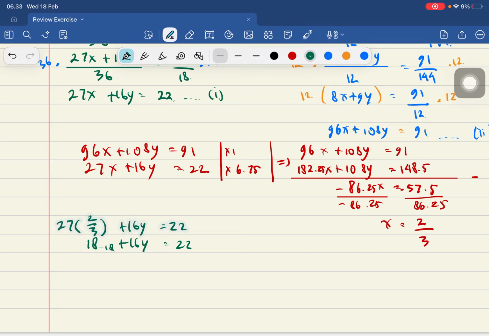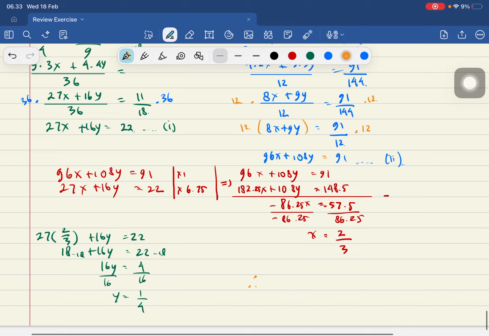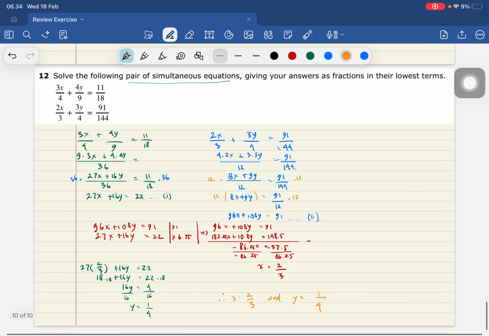Minus 18 on both sides, so 16y equal to 4. So we divide by 16 on both sides, so y equal to 4 divided by 16. We can simplify it. It's going to be 1/4. Okay, so this is the value. x equal to 2/3 and y equal to 1/4. Yeah, there it is. Thank you.